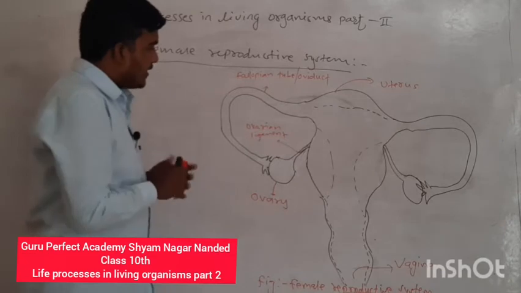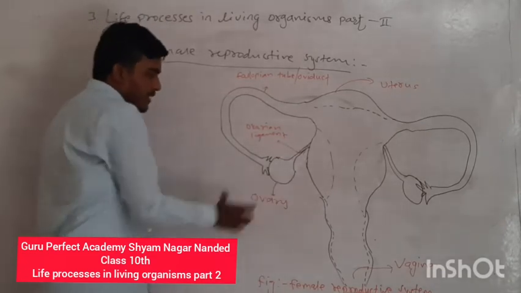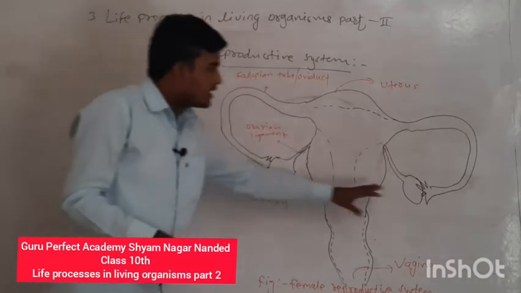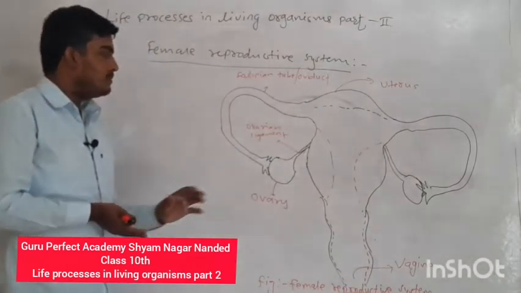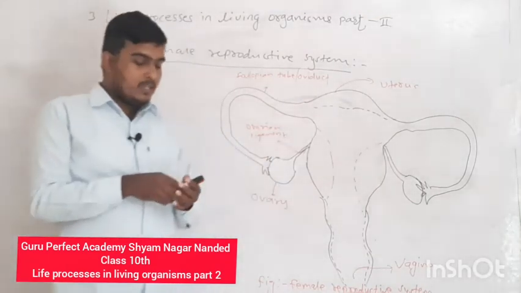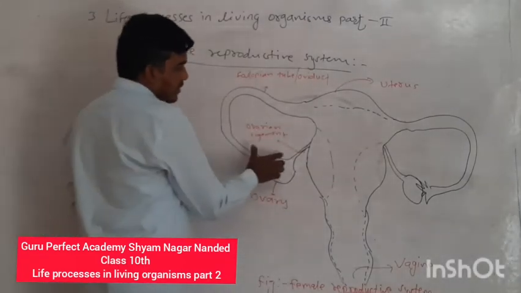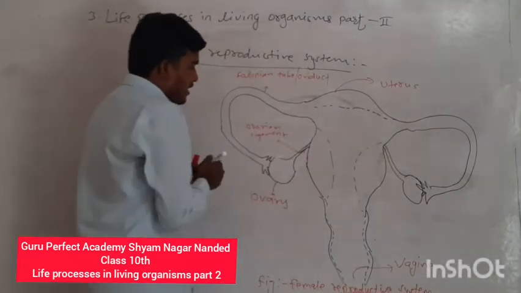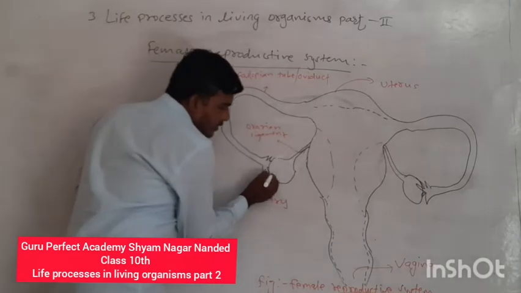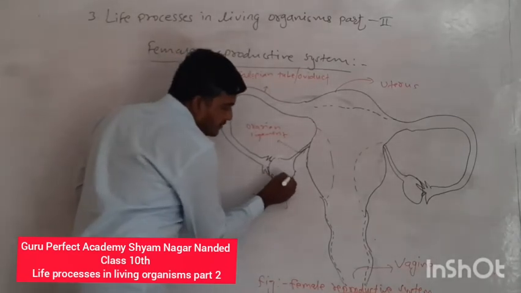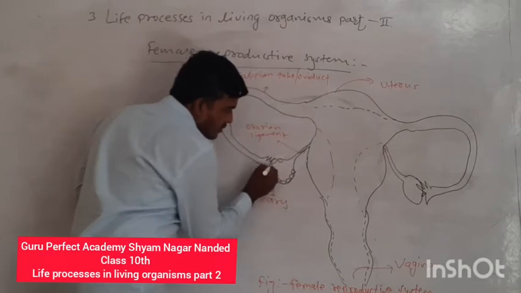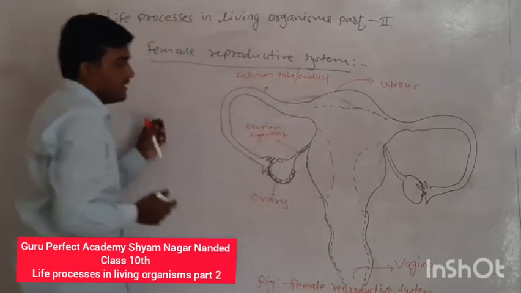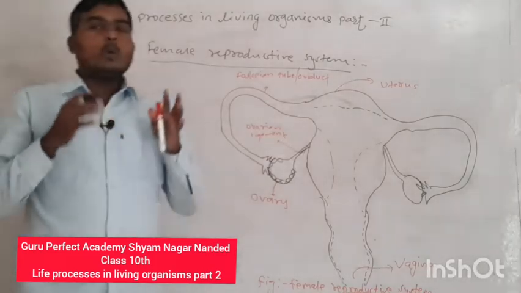So first of all, we are starting from the ovary. In human female there are two ovaries, means a pair of ovaries is present. Here are ovarian cells. Within an ovary, there are so many first layer cells called oogonium cells.